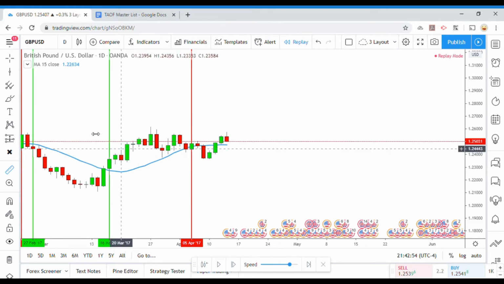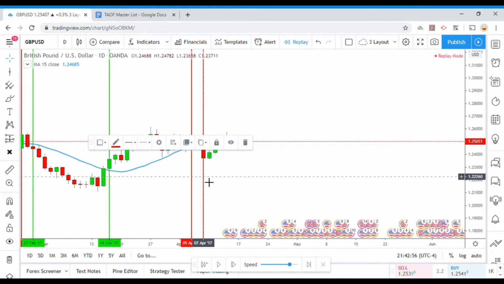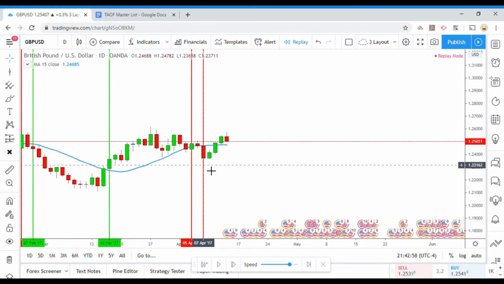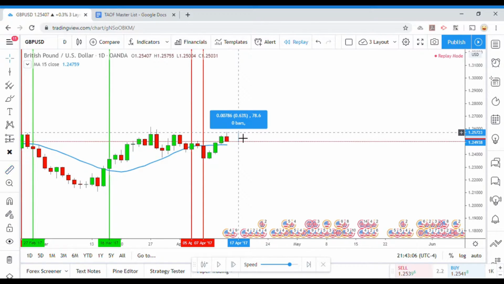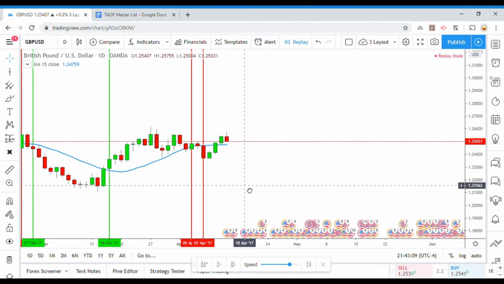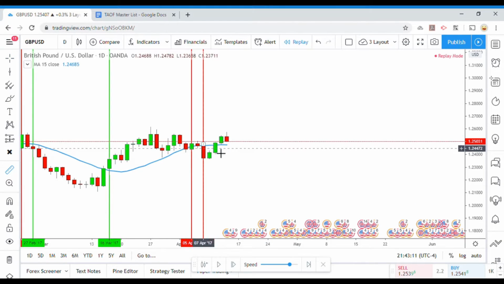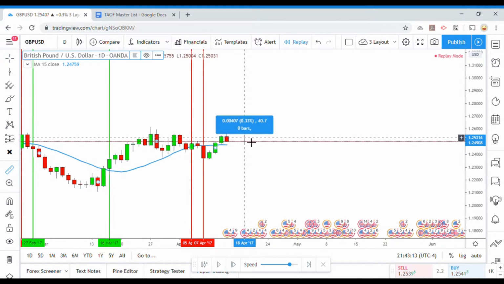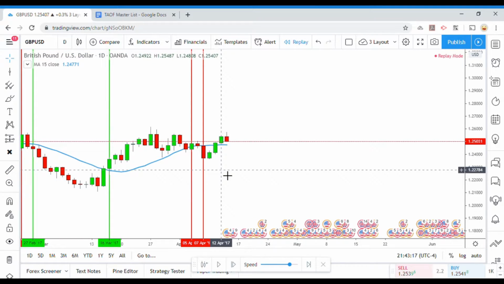Okay, we have that one there. Then we have the break here. Then it turned around and dropped out on us. Let's see, turned around, took off there, gave us a signal here. And we got it super close. Let's see.